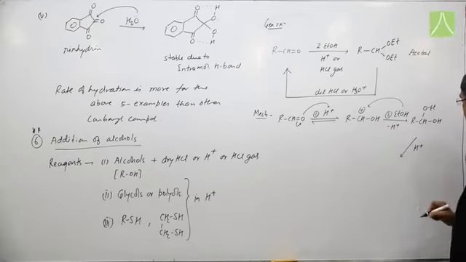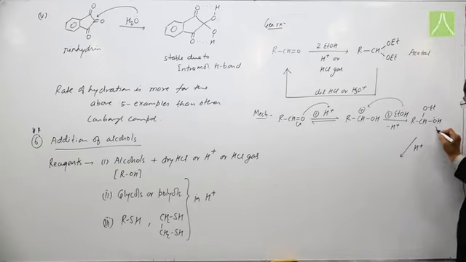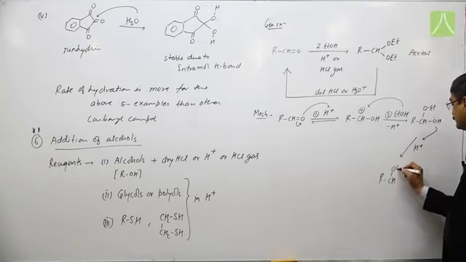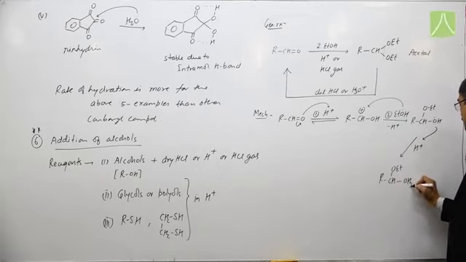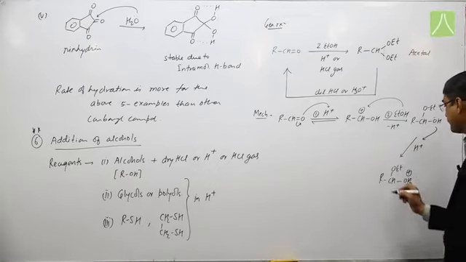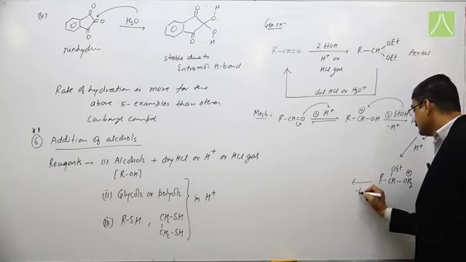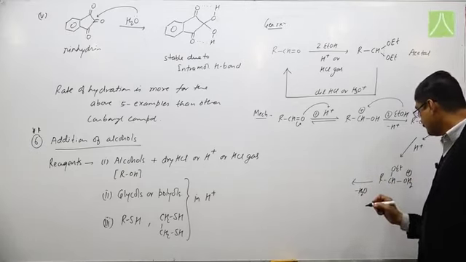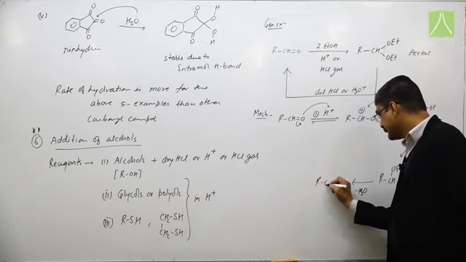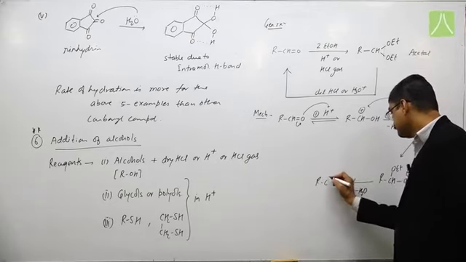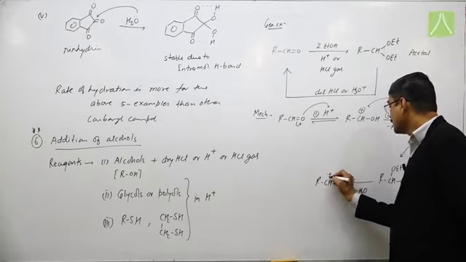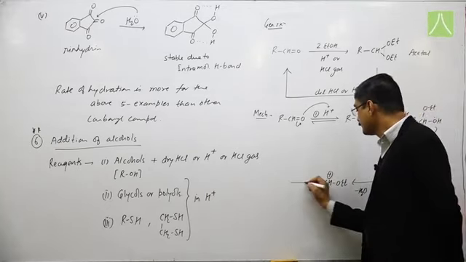Again, suppose H plus is given, so OH is converted into a good leaving group, that is OH2 plus. It releases the water molecule, RCH, OEt, and the carbocation is formed again.